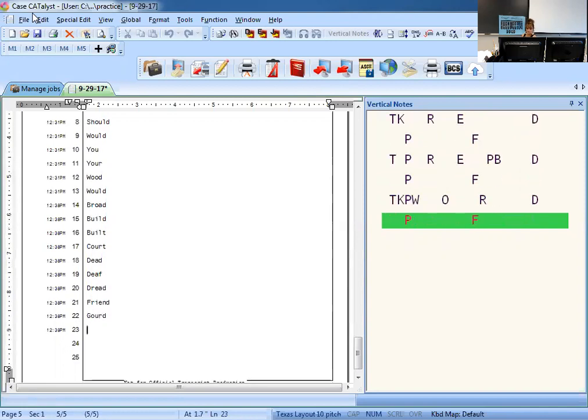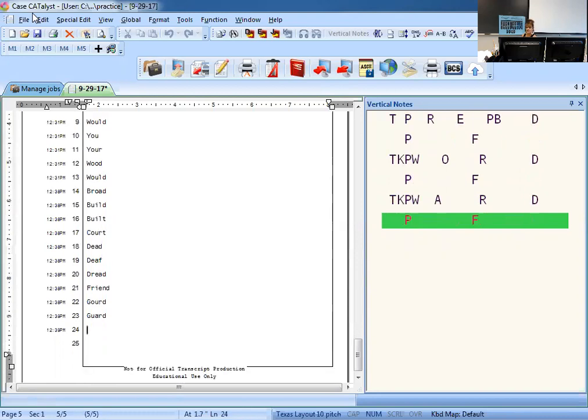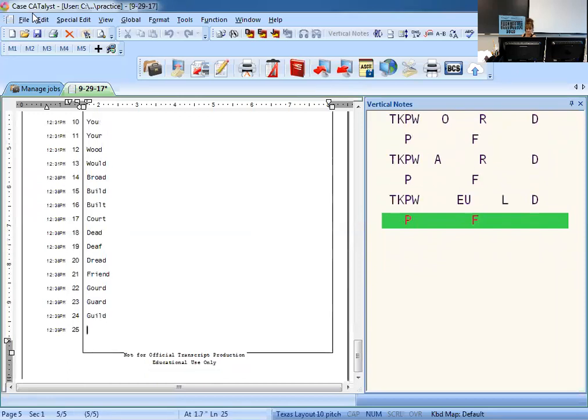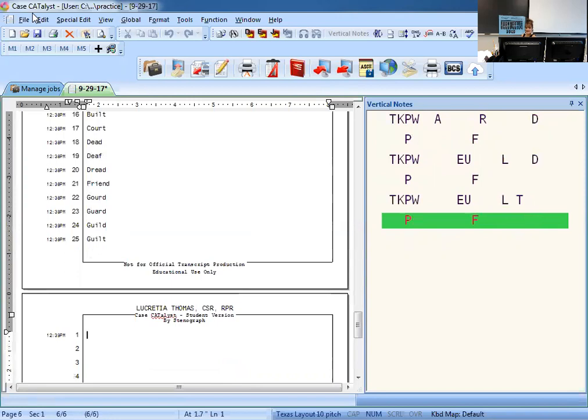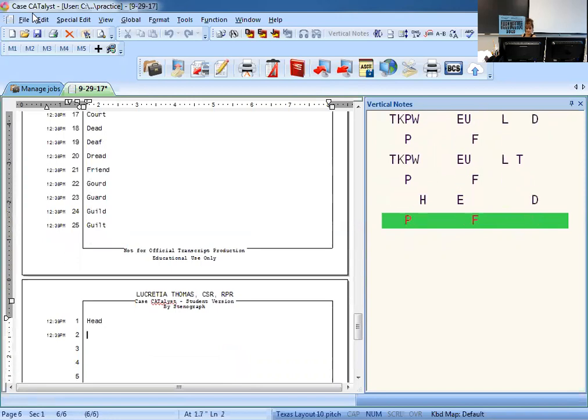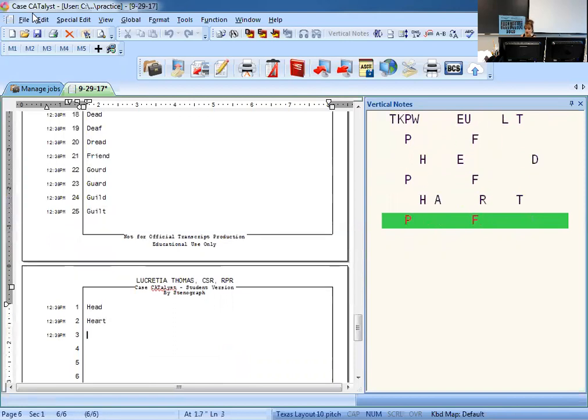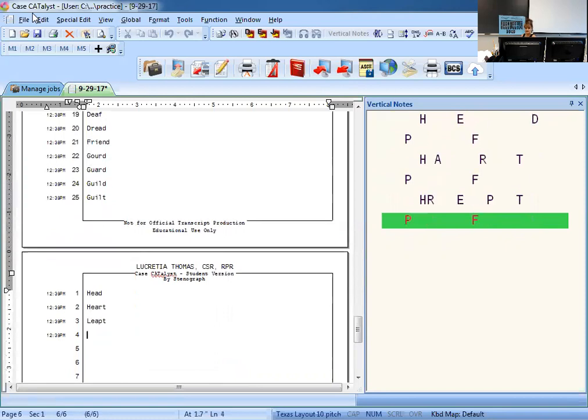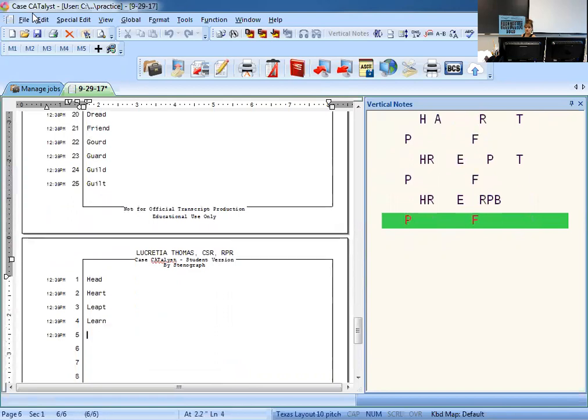Gourd, it'll change the spelling if you write it correctly in English. Guard, I don't say gourd, it's gar, R-A. Guild, guilt. Head, only the E. Heart, heart attack, heart. I'm only saying R. Heart. Learn. Meant.